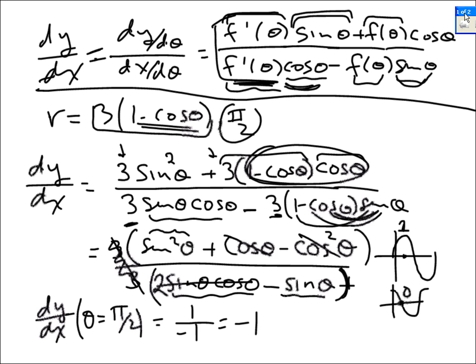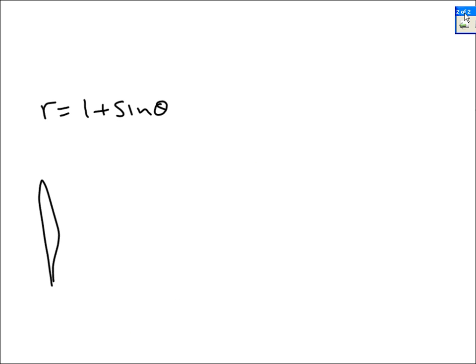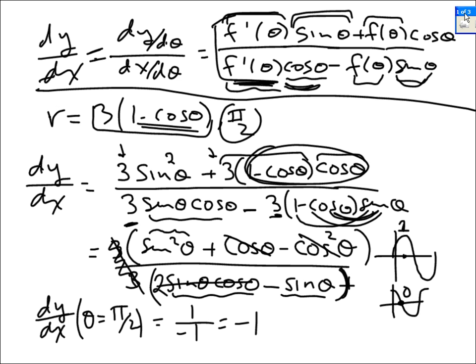Okay, now let's go and find horizontal and vertical tangencies. Remember, when the derivative is 0, you have a horizontal tangency. When the derivative is undefined, that is when the denominator is 0, you have a vertical tangency.